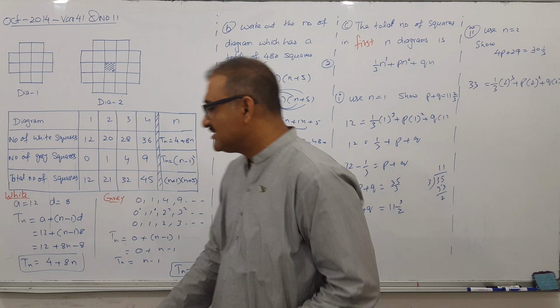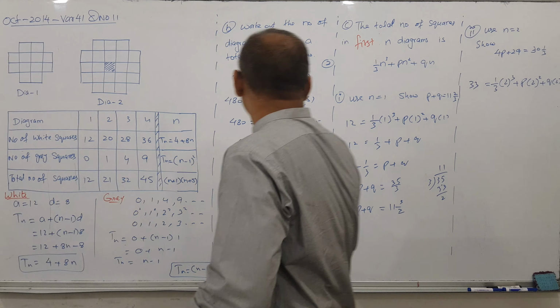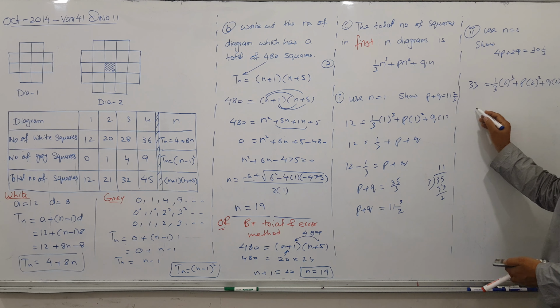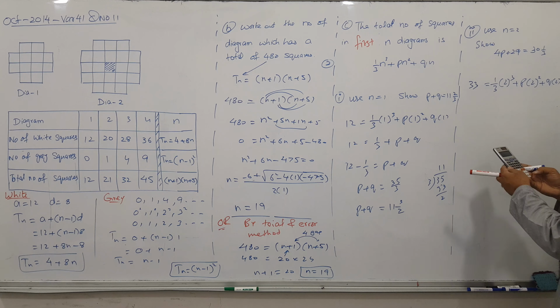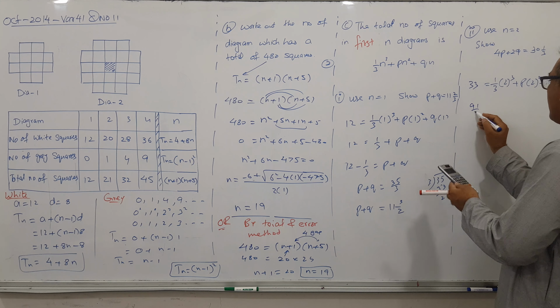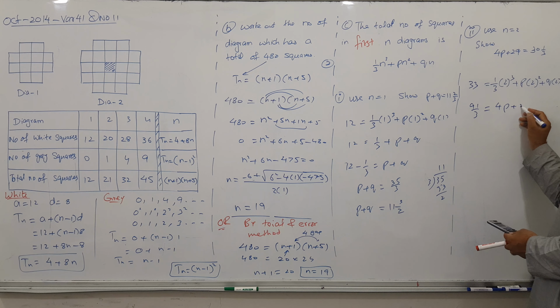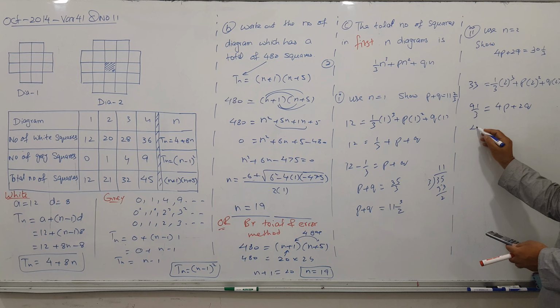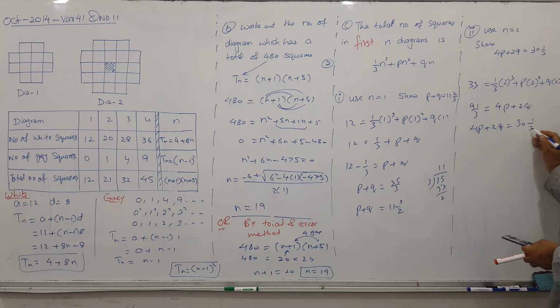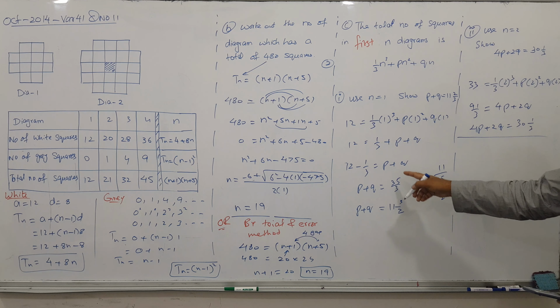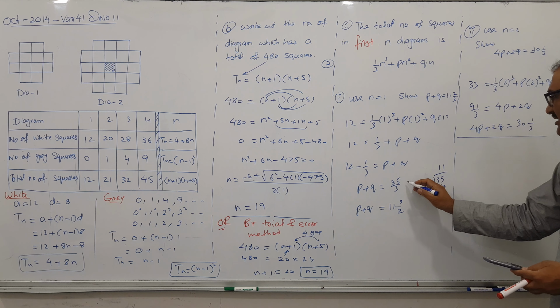Okay, so let's see now how to solve it. It is not hard. So 33 minus 8 divided by 3 comes 91 by 3, equal to 4p plus 2q. And you make it and it comes the same, 91 by 3. So proved. Now I want to solve this and this simultaneously.